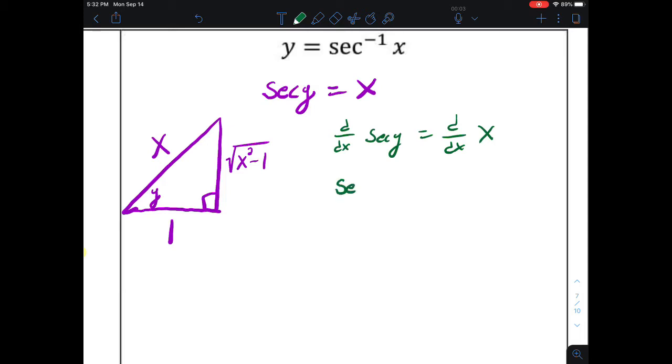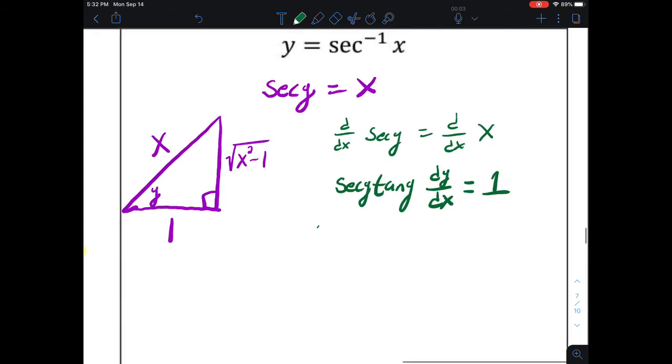That is secant y tangent y times the inner function dy over dx equals the derivative of x, which is 1. And we can move everything over to the other side. And when we do that, we'd have dy over dx is equal to 1 over secant of y tangent of y.